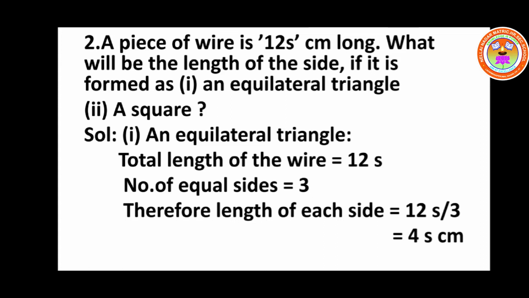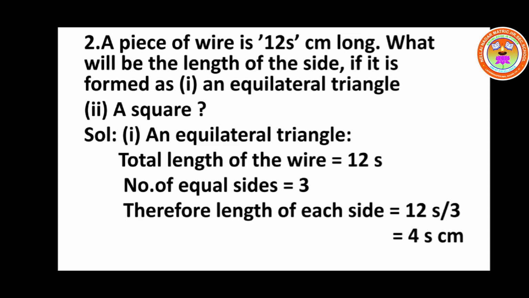A piece of wire is 12 centimeter long. What will be the length of the side if it is formed as first subdivision an equilateral triangle, second subdivision a square? So your solution, problem number 1, an equilateral triangle. Usually triangle means how many sides they have? 3 sides. And another point, what is equilateral triangle?